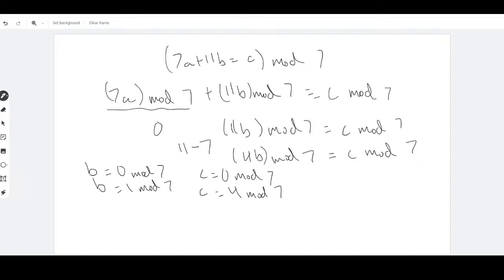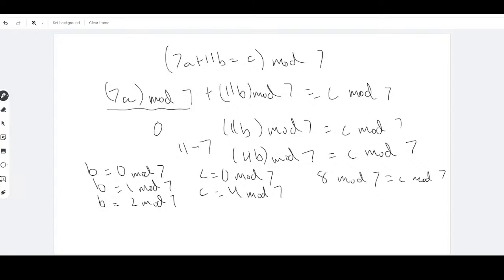Okay. So then we can continue this for every possible B mod 7. For B is 2 mod 7, 4 times B would be 8, right? So C is congruent to 8 mod 7. But we also want to reduce the 8 to the lowest number we can.